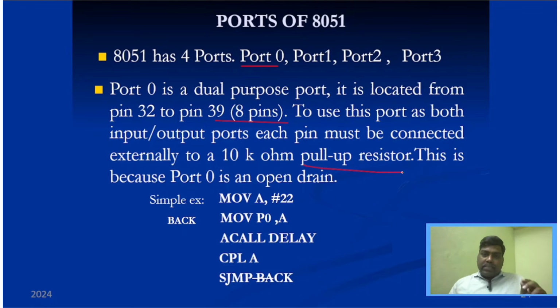Normally a pull-up resistor is used to make the signal line stable. For example, if you want the signal line to be in the high state, we use a pull-up resistor, and similarly we use a pull-down resistor to make the signal stay low.